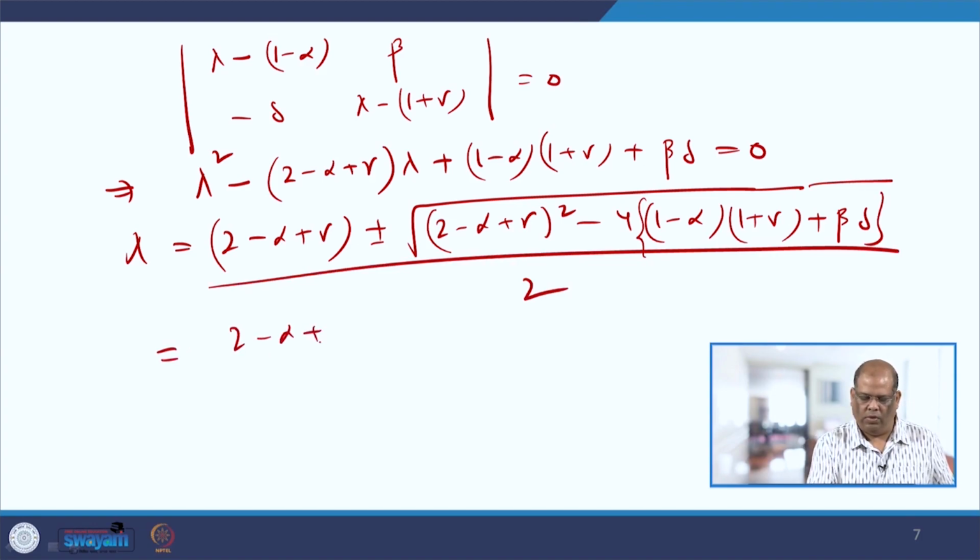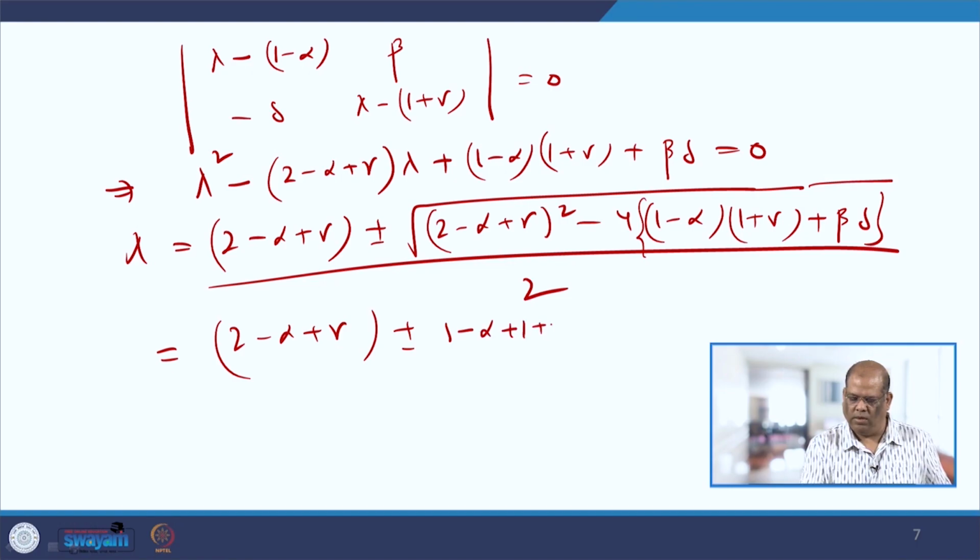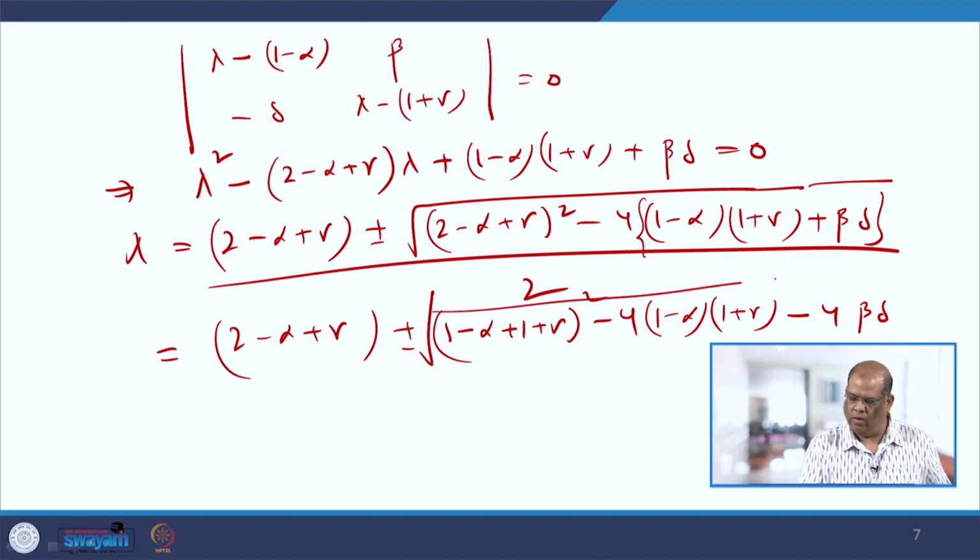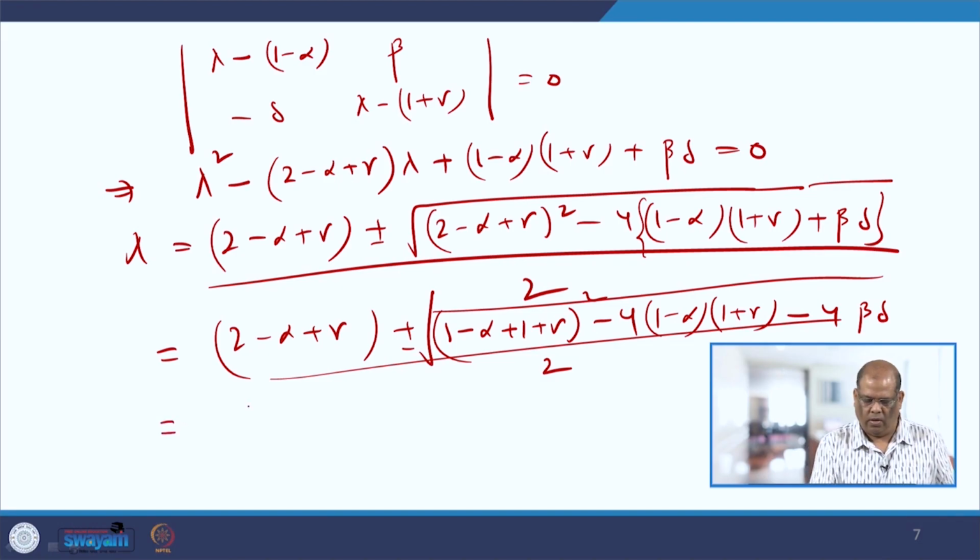And if you simplify this, it can be written as (1 - alpha + 1 + gamma) whole squared minus 4(1 - alpha)(1 + gamma) minus 4 beta delta, square root of this, divided by 2.